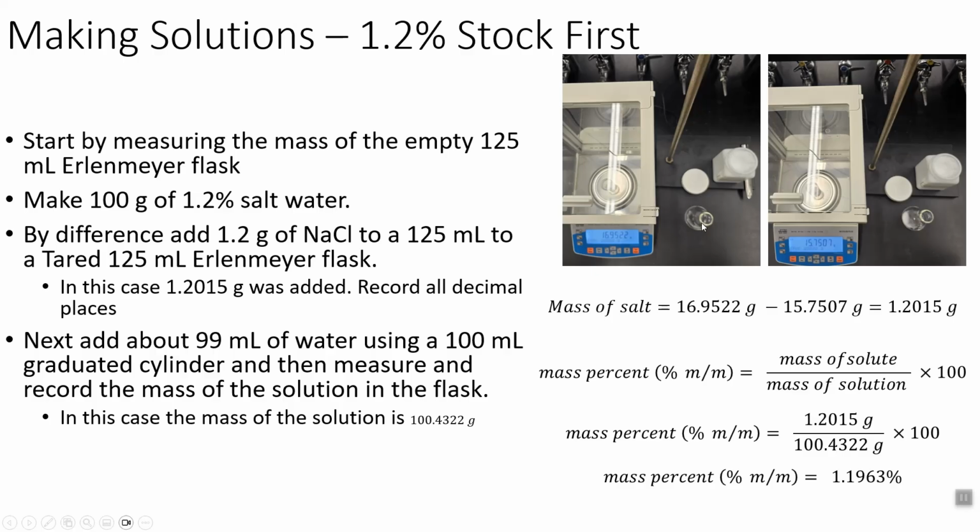We spill out about 1.2 grams. In this case, the mass went down to 15.7507. You can see now the salt is in our flask here, and less salt is in the weighing bottle, although you can't really see it that well because of the light reflection. And that gives us 1.2015 grams of salt transferred.